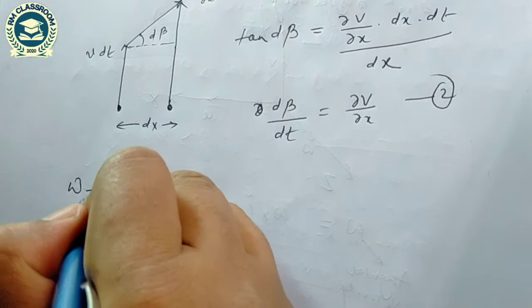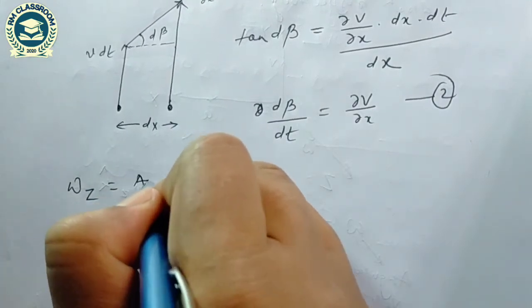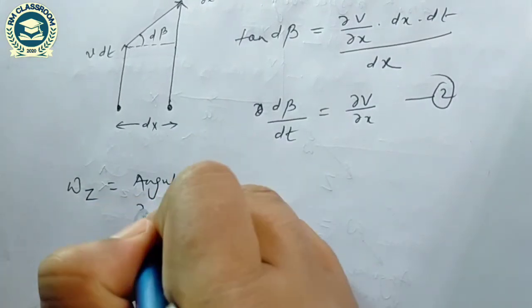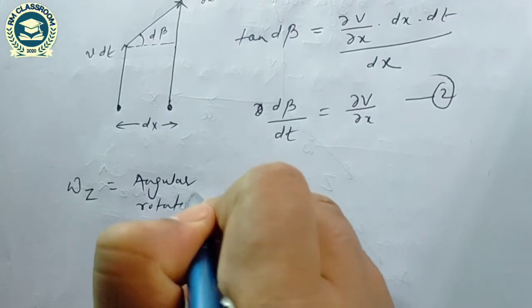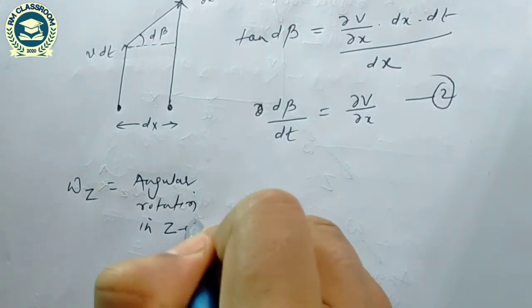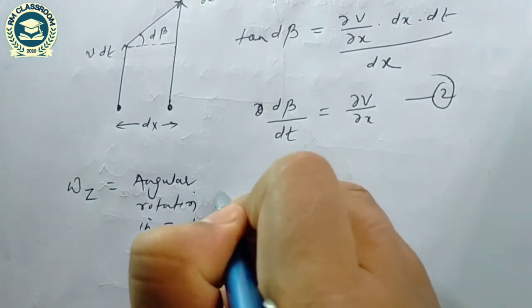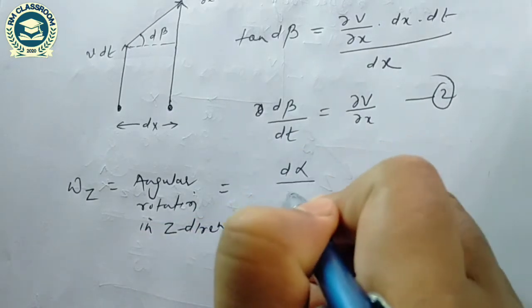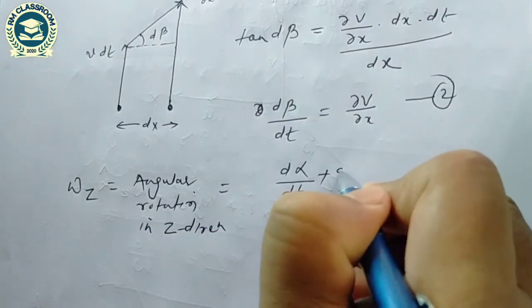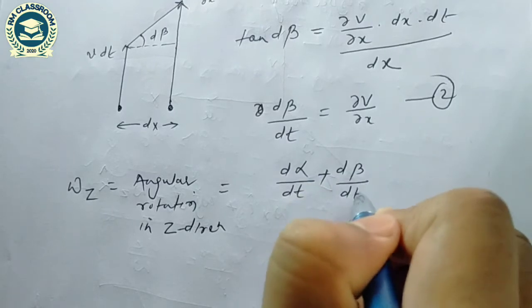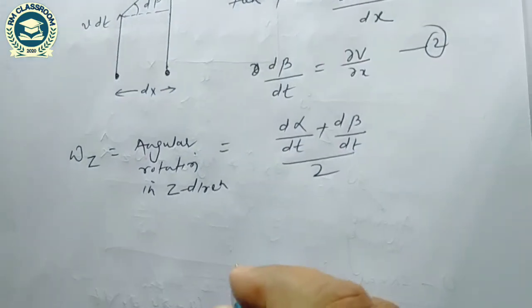So omega z, meaning angular rotation in z direction, is equal to d alpha by dt plus d beta by dt, divided by 2.